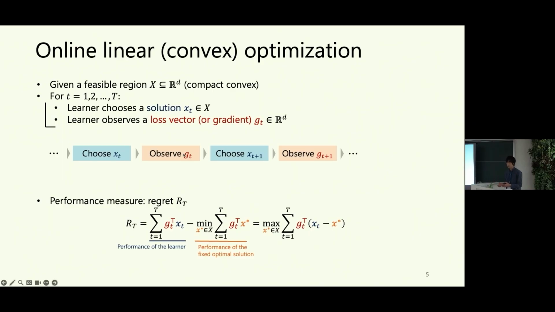This procedure sequentially continues for T rounds. After that, the performance of the learner is measured by the regret, defined as the difference between the learner's cumulative loss and the performance of the best fixed solution.